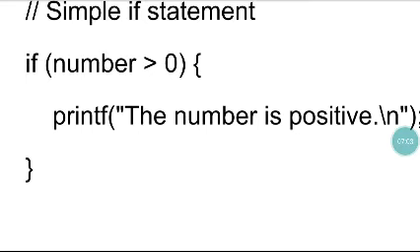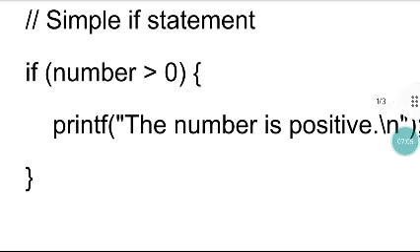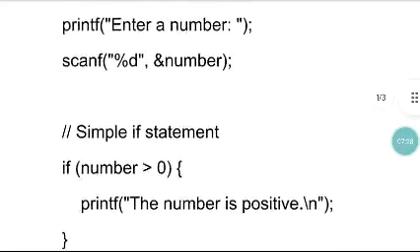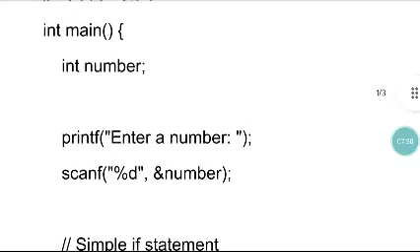Again, this is the simple if statement. Why is the if statement required? It is required for comparison, comparing two entities. Here the number and 0 are compared, whether it is greater than 0 or not. That is written inside if. Our purpose is to check whether the number is positive.